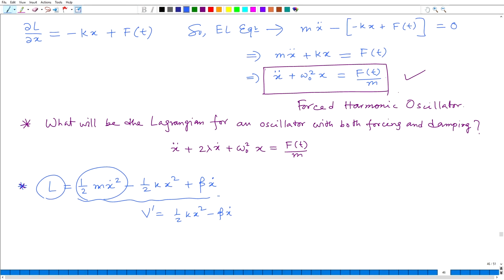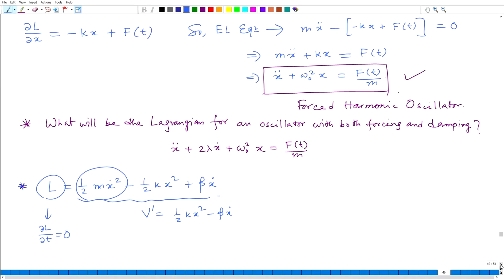Then you can say that this Lagrangian is again explicitly independent of t, so ∂L/∂t is 0. So something is conserved. Now, is that something a meaningful quantity like mechanical energy or minus mechanical energy, or we do not know.